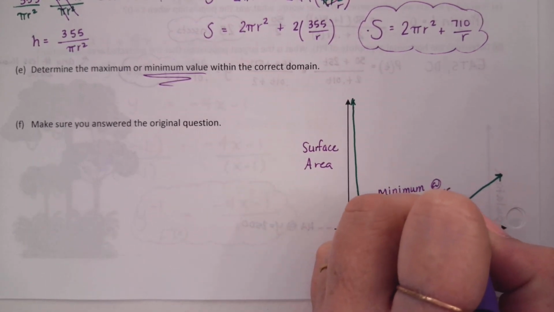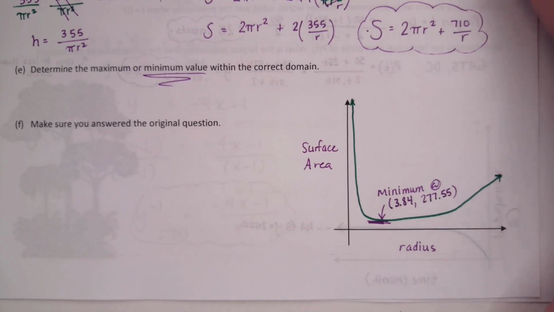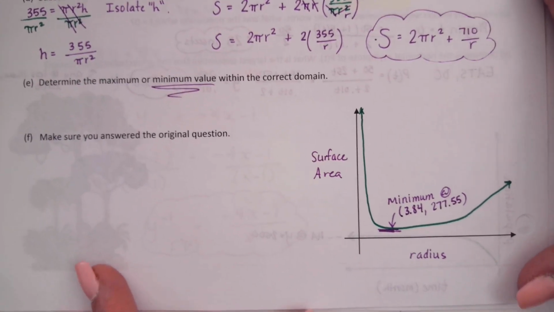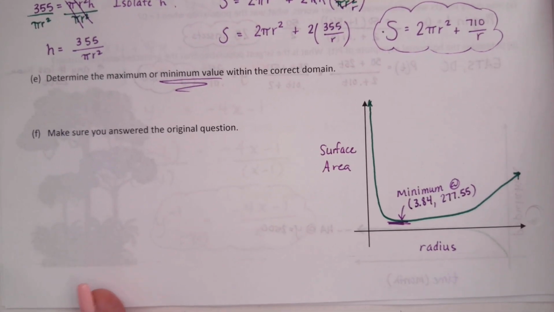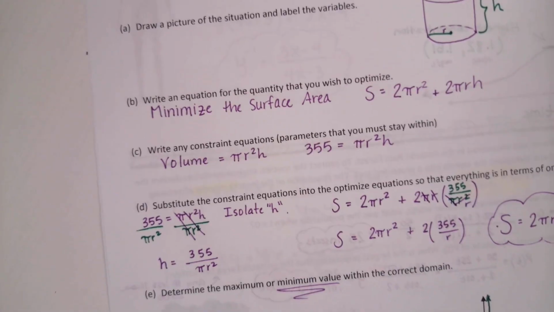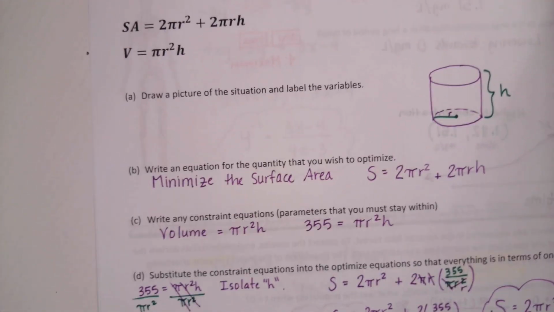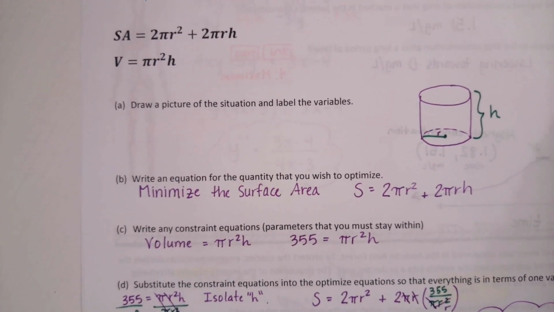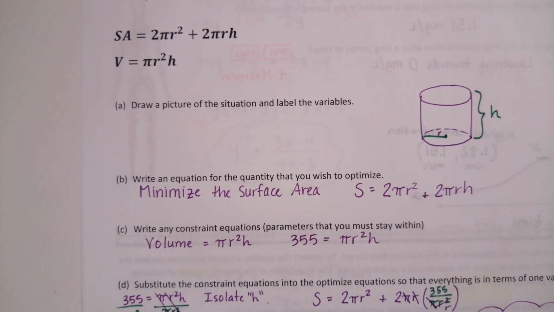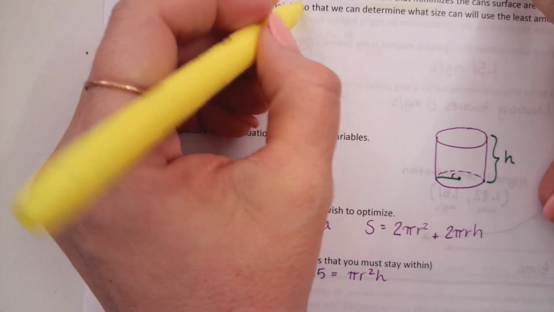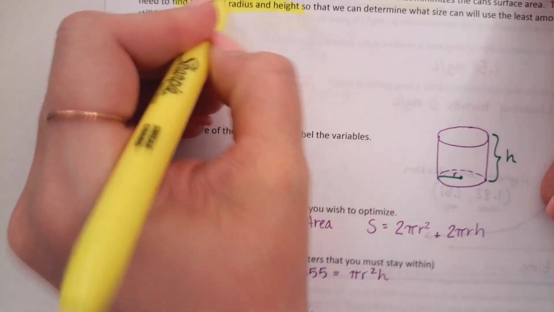Very nice. And then we just need to make sure we answer the original question. Just because we found the minimum doesn't mean we answered the question. The question actually said, let's go back and read it. Find the ideal radius and height.